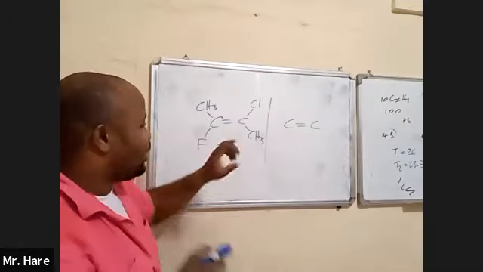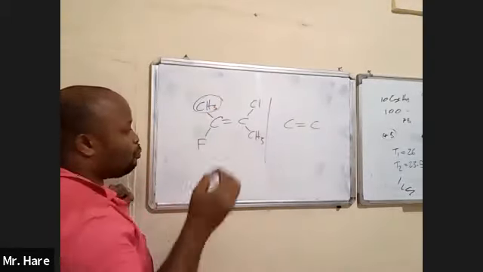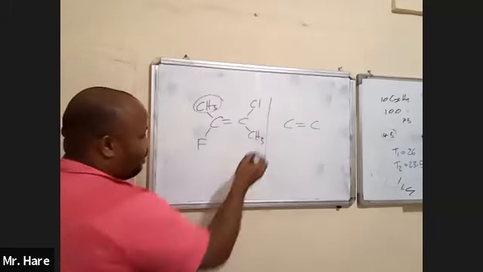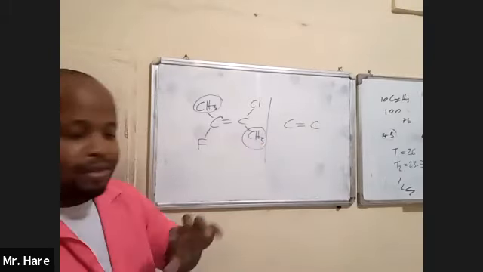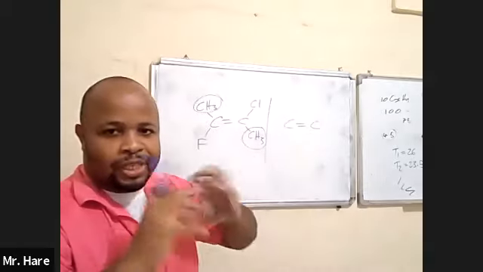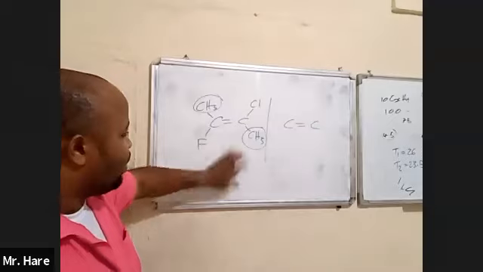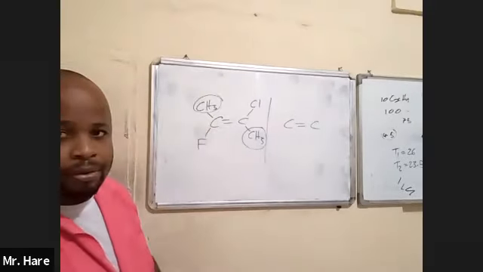So the reason why we need two atoms in common, or two groups of atoms, is that the group in common here is the methyl group. Now, the double bond restricts rotation. So at no point in time can the CH3 flip and come up here.